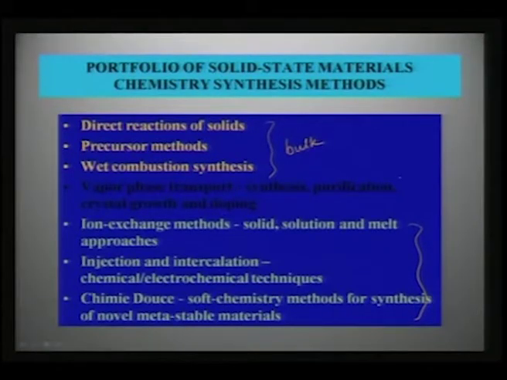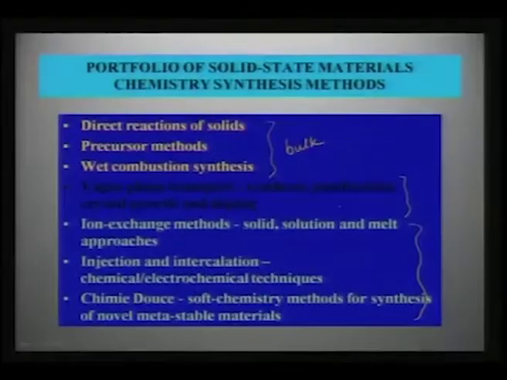And another group of compounds that you can make is through vapor transport synthesis, which is not a very rigorously solid state method, but it is another approach by which you can aim for synthesis, purification, crystal growth and doping.